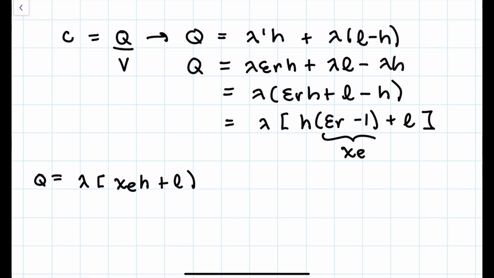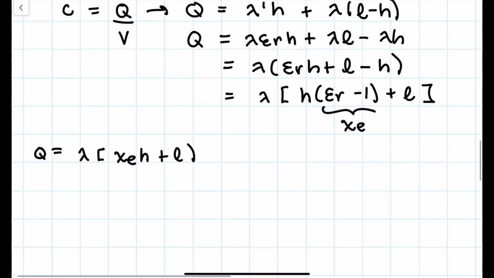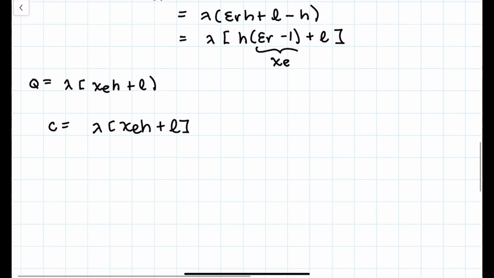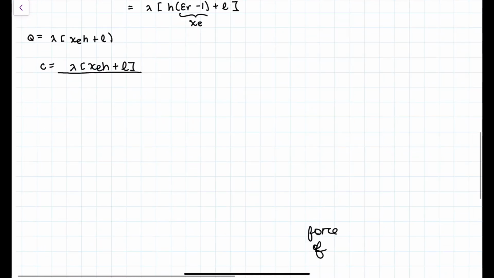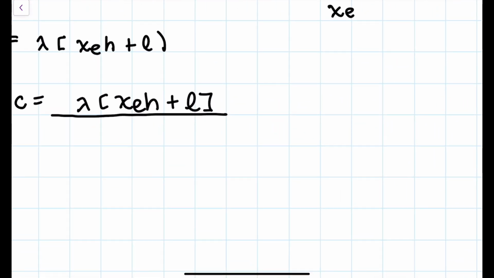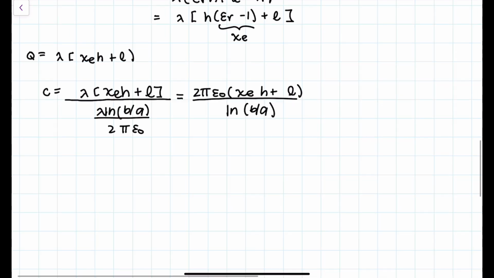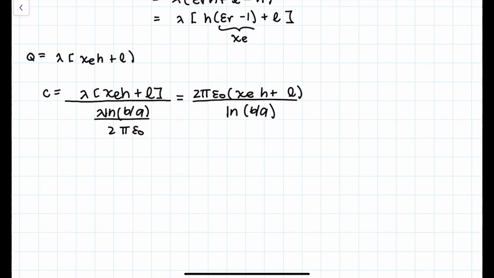If we plug into the capacitance equation from the top, it's lambda chi, and then we know the potential, and simplifying, we were able to find the capacitance in terms of h.